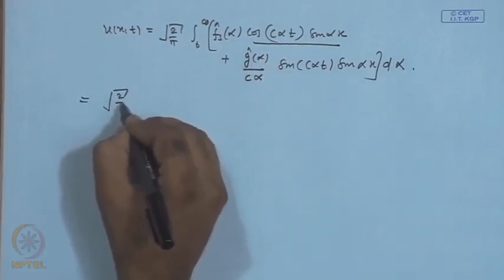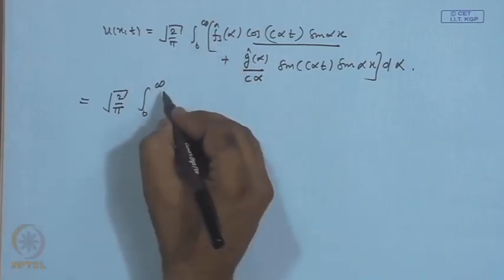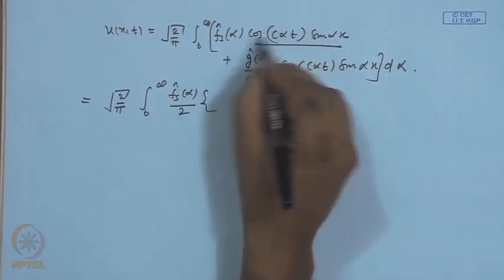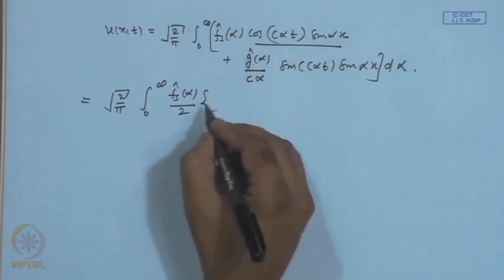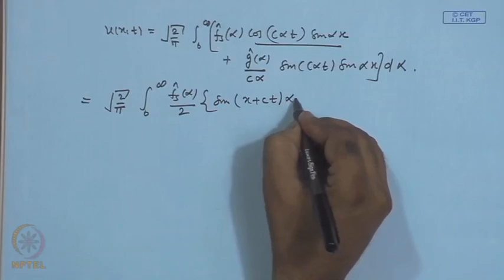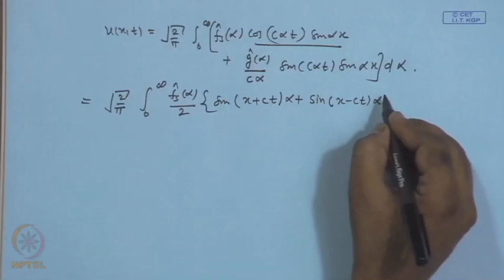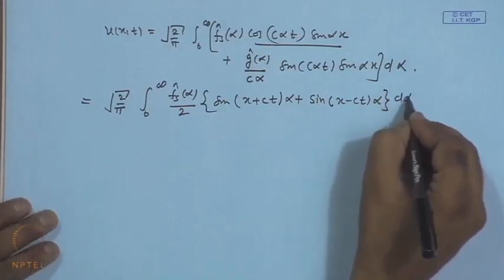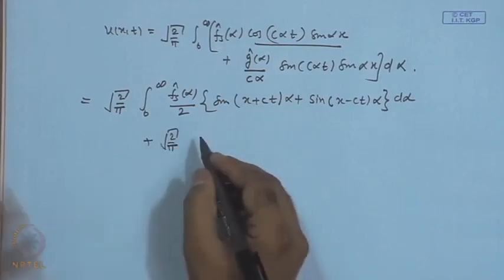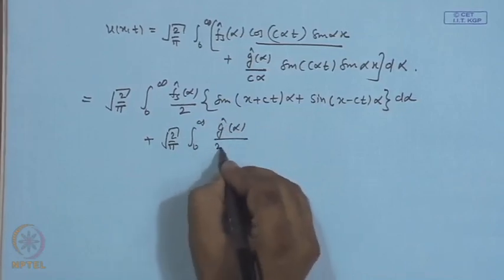So, we take 2 over pi, integral from 0 to infinity, and this f_s hat(alpha) over 2, and this will now be, since 2 sin a cos b is sin(a plus b), sin((x plus c t) alpha) plus sin((x minus c t) alpha) d alpha, plus again here 2 over pi with the integral from 0 to infinity g hat(alpha) over 2 c alpha.